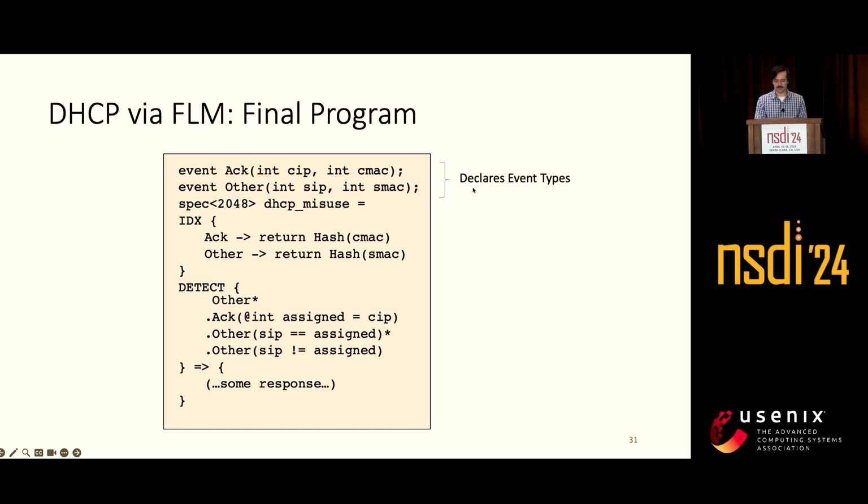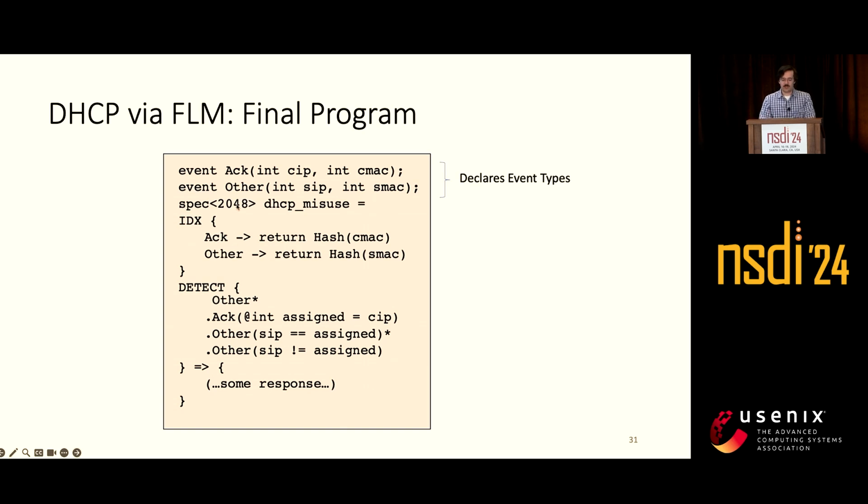So the user first declares the event types that they are interested in. That pattern that we came up with only monitors misuse for one client. So obviously the server wants to check all of the clients or many clients at once. To do that, you'll declare a spec of size, well, any size, but in this case 2048.